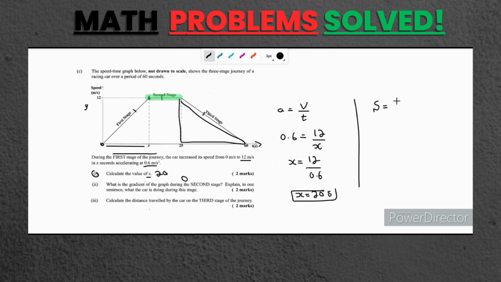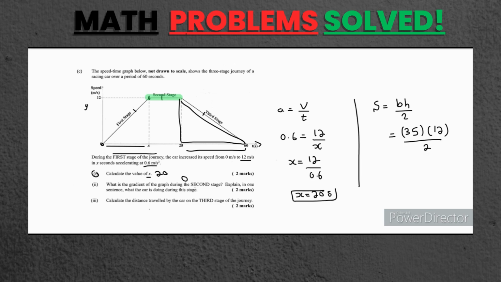So what's the area of a triangle? We know base times height over 2. So what's the base here? Base is 60 minus 25. We know 60 minus 25 is 35. So the base is 35, and what's the height? Height is 12, right? Divided by 2.